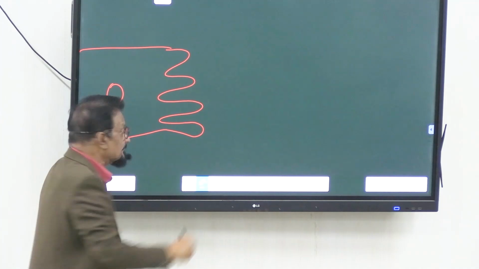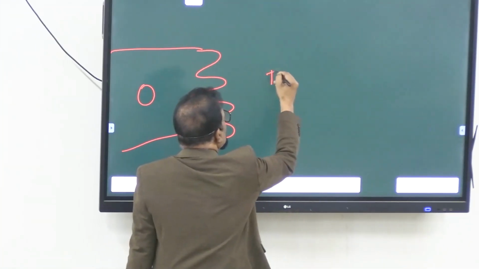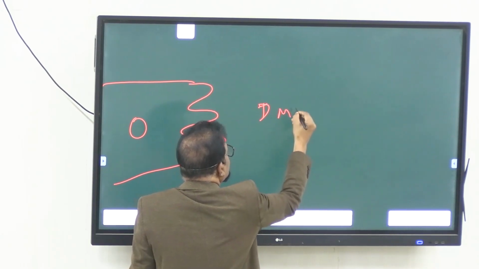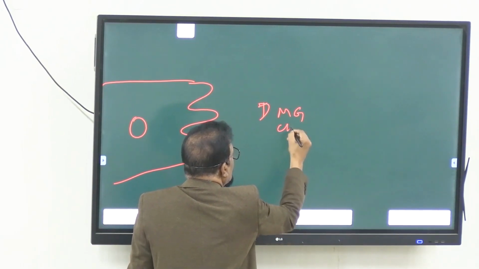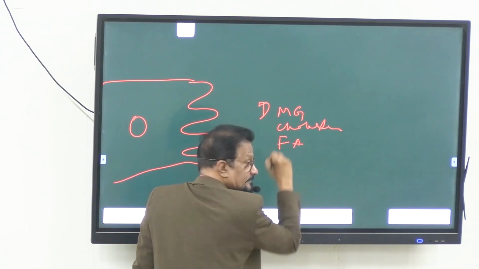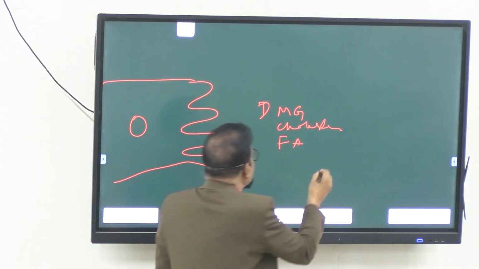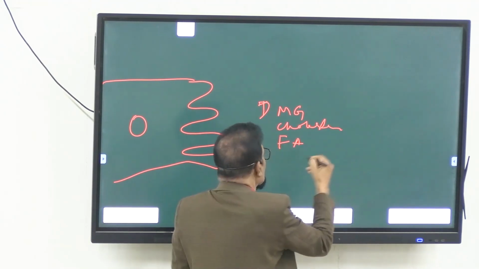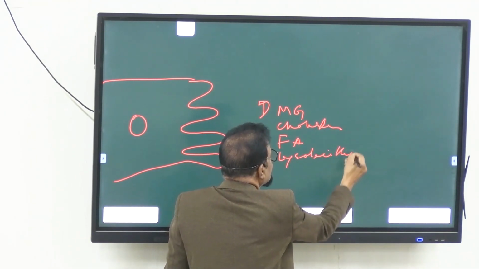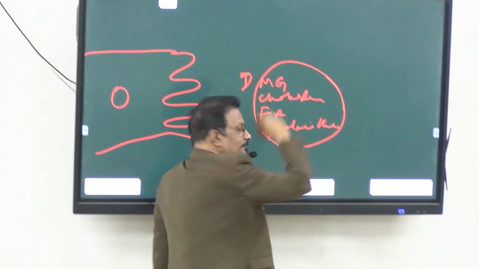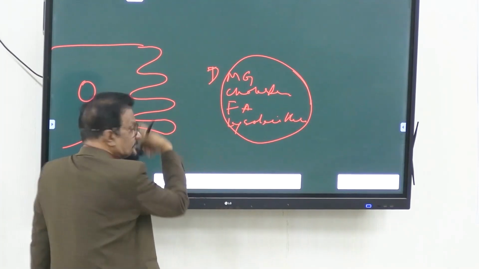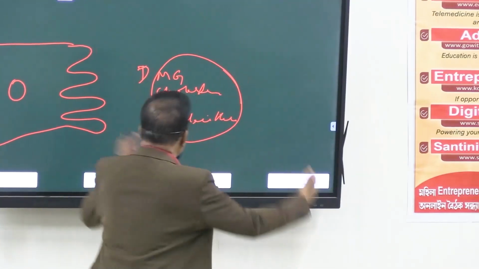Enterocyte, microvilli, this is the lumen. Here we got monoglyceride, we got cholesterol, we got long chain fatty acid. These are the products, and lysolecithin. All these are fat soluble. This membrane allows fat soluble substances. So where is the problem?